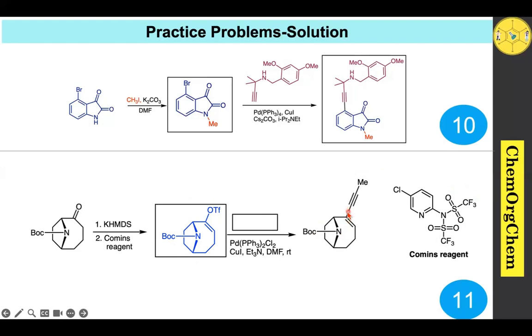Now you break this carbon-carbon bond, producing this corresponding alkyne substrate. Now you see this organotriflate reacts with this terminal alkyne, producing this corresponding product.